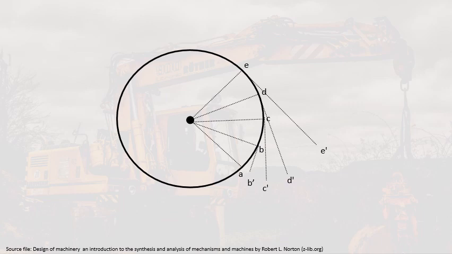And then we also do that for D. So take note that we measure this arc here and then we project it here on the tangent line. That's why we have AD equals DD prime, and finally AE equals EE prime. And then you take note of those points, and this now represents the involute tooth form.